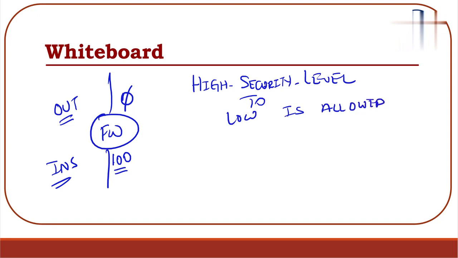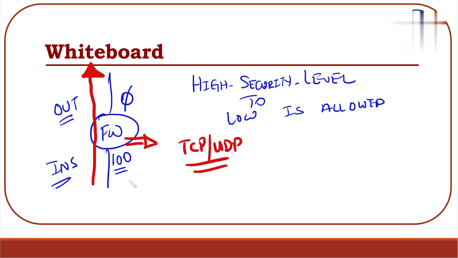So people on your corporate network have the ability to go out to the internet. Not only can they go out, the firewall does stateful inspection and inspects all TCP and UDP traffic going out. This is called the implicit inspection. It's done implicitly. You won't see a command for it, but it's there.